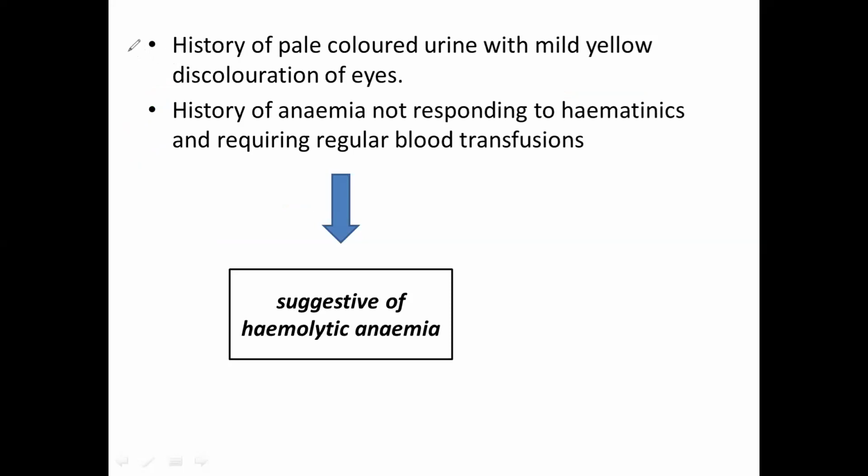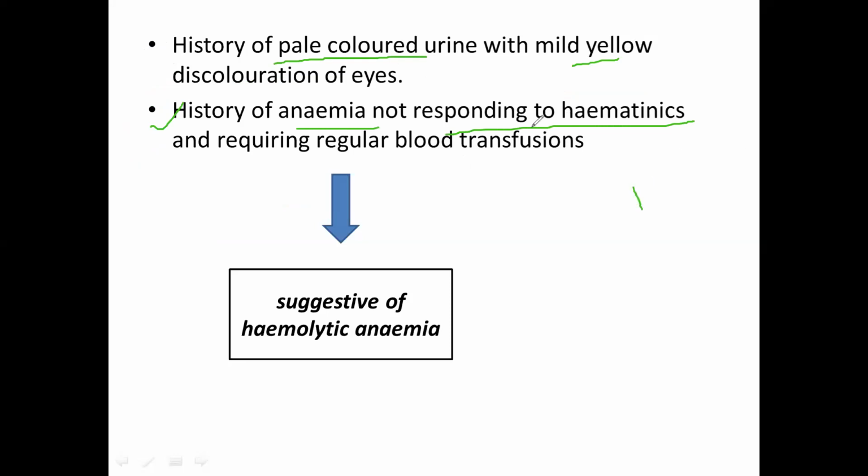If the patient comes with high colored urination with mild yellowish discoloration of eyes, that means the patient has yellowish discoloration of eyes, but it is usually mild. And again, if the patient has a history of anemia which is not responding to hematinics, that means the patient is taking some medications which will improve his hemoglobin level.